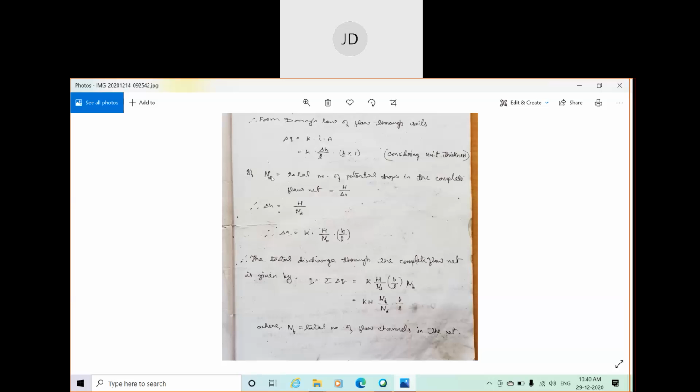So the number of potential drops can be found by total head divided by the potential drop for one field. So ND is equal to capital H by delta H. From here we can find delta H equal to capital H by ND.